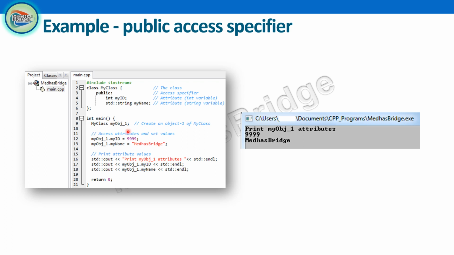Within main, we have created an instance of the class called myObject1, and then we also initialize the variables of that class object. This sets the state of the object. We are trying to access the attributes of that class object and print them. What you would see as an output is the value that you initialized. This demonstrates that public members can be accessed from outside of the class.